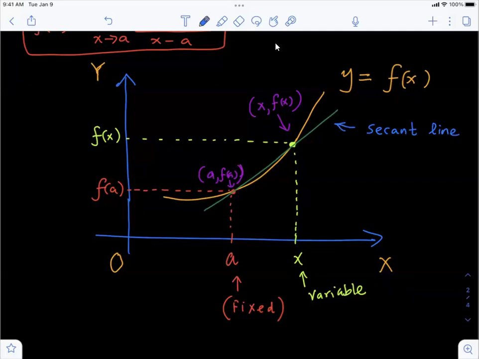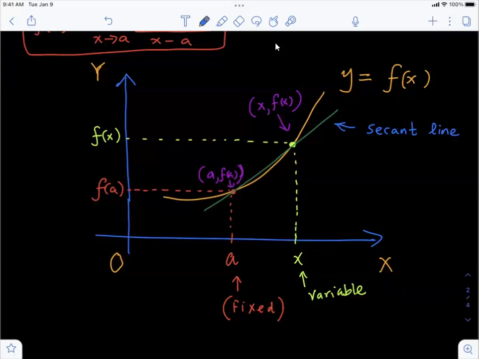What is the meaning of a secant line? A secant line is a line connecting 2 distinct points on a graph. That's exactly what we can see here, right? We do have two distinct points and we connected them by a straight line, and here we have a secant line.